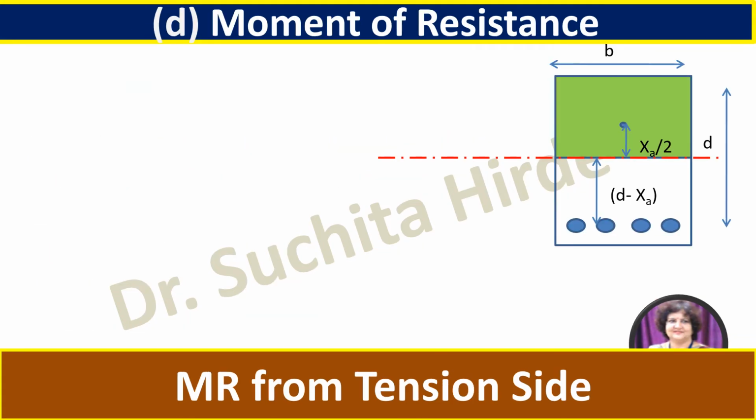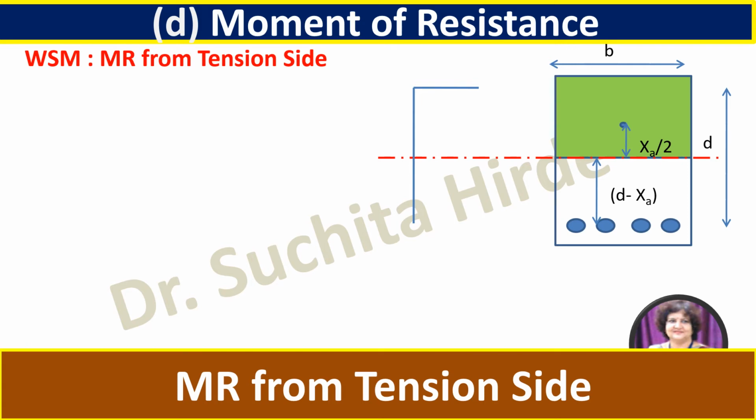Now we will compare the procedure to calculate moment of resistance using working stress method and limit state method. First of all, we will see how to calculate moment of resistance from tension side. As you know, in working stress method, the variation of the stress diagram is linear like this. It is maximum at the extreme fiber and it is 0 at the neutral axis.